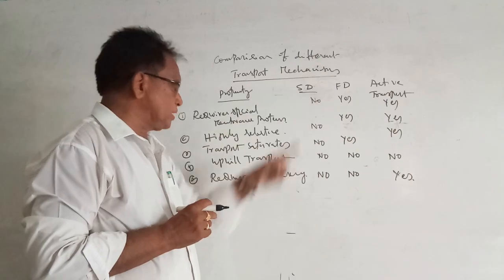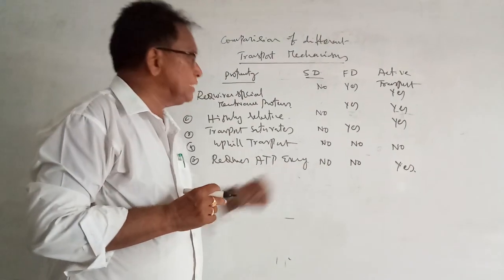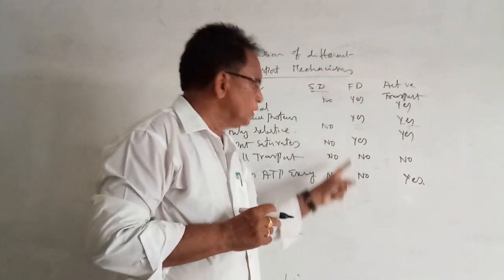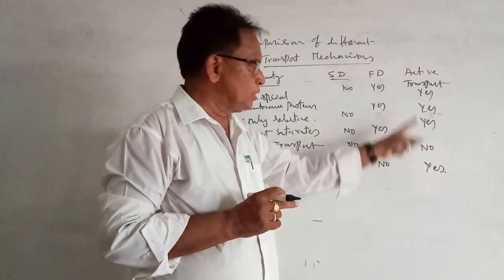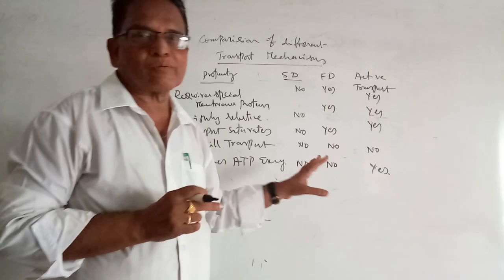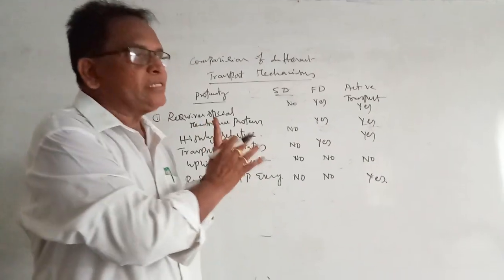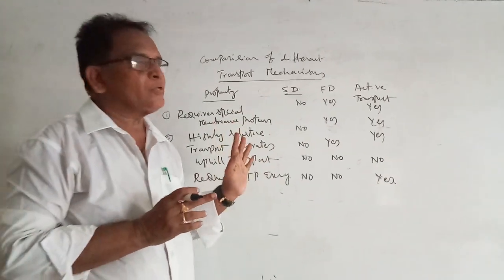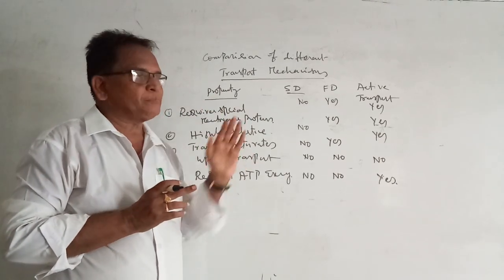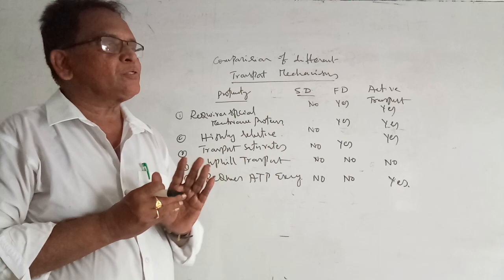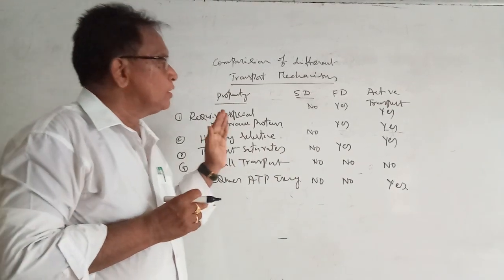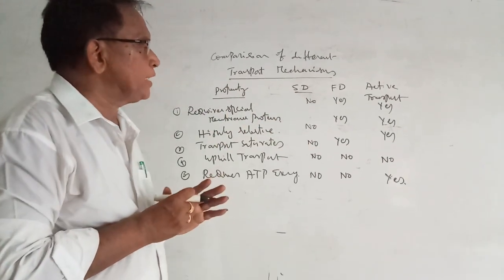For simple diffusion, there is no need of any energy. For facilitated diffusion also, there is no need of any metabolic energy. For active transport, metabolic energy is required. And this table will give you an idea about the transport mechanisms for the movement of molecules from outside to the inner side of the plant body.